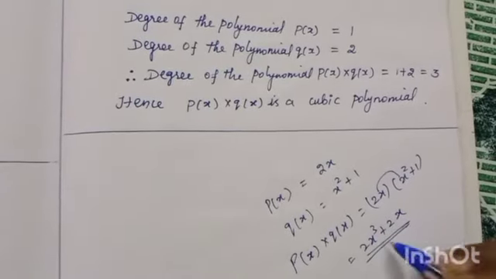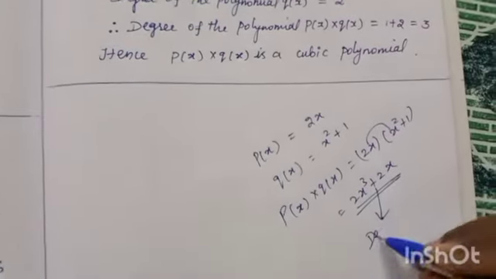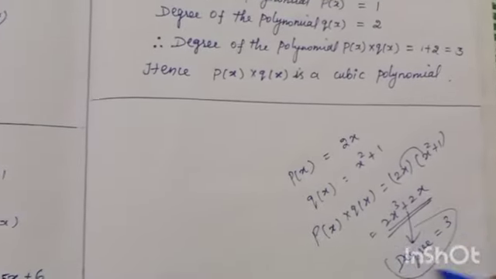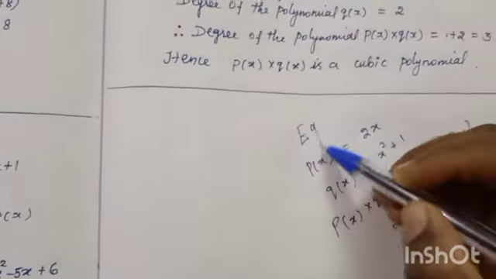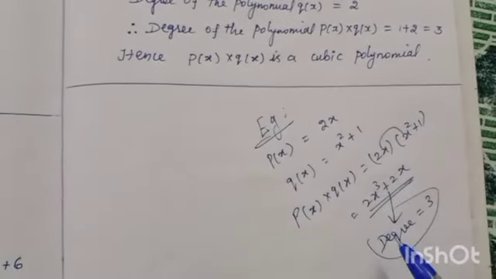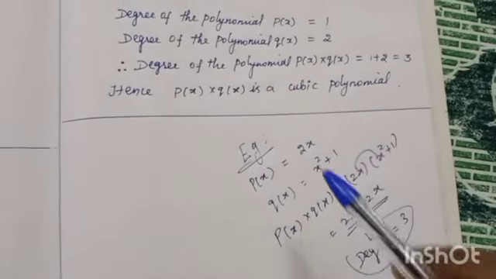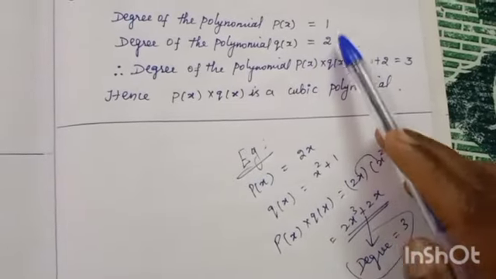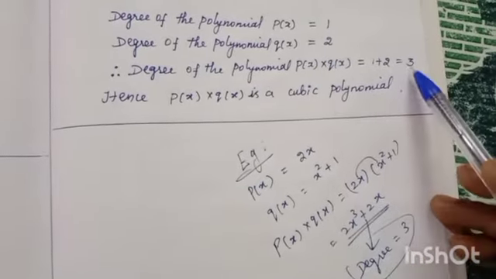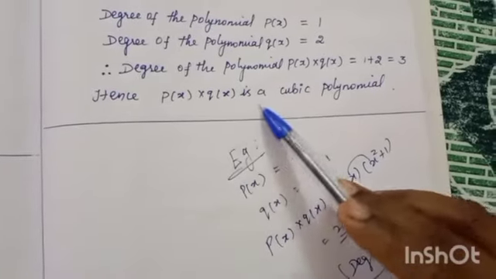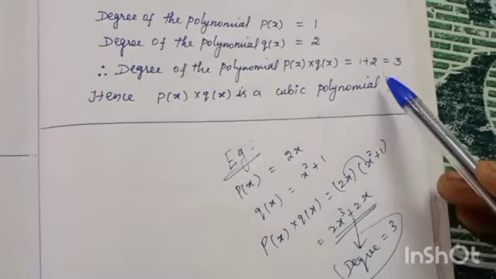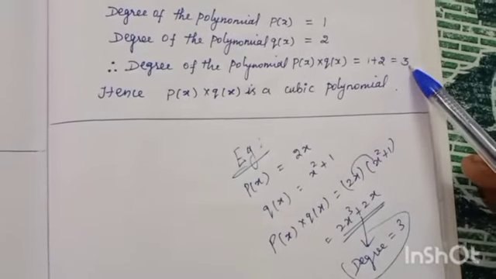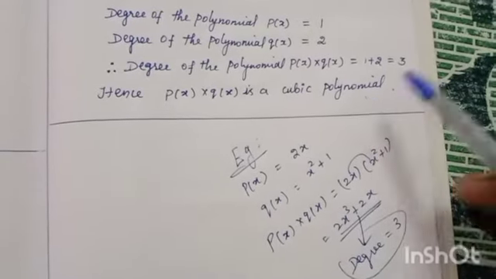Now check the degree. Degree is equal to 3, the highest power is 3. This is the example. Have you understood, students? Yes. So when you multiply these two polynomials, you add their degrees. So P of x into Q of x is a cubic polynomial. Why do you say it is a cubic polynomial? Its degree, the highest power, is 3. So it is a cubic polynomial.